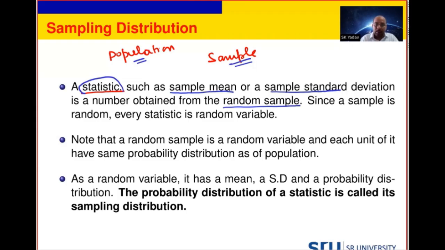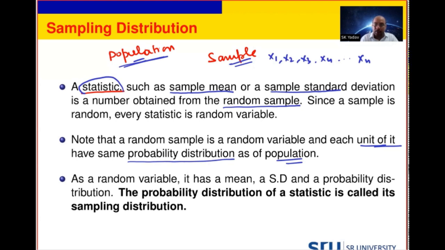This means that a random sample is a random variable, and each unit of it has a probability distribution as the population. Because we are drawing these samples x1, x2, x3, x4 and so on up to xn from a population, each of these units will follow the same distribution as the population.